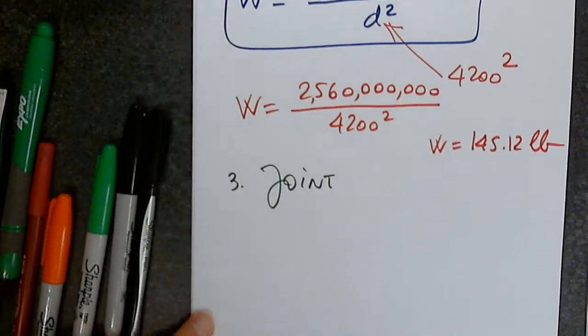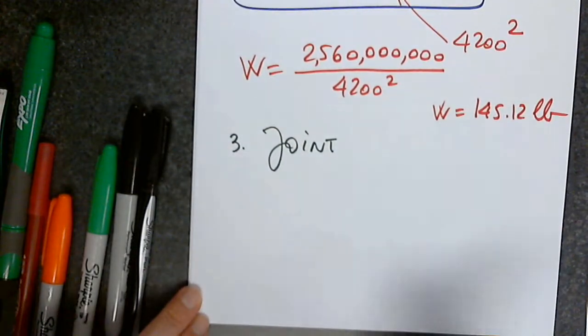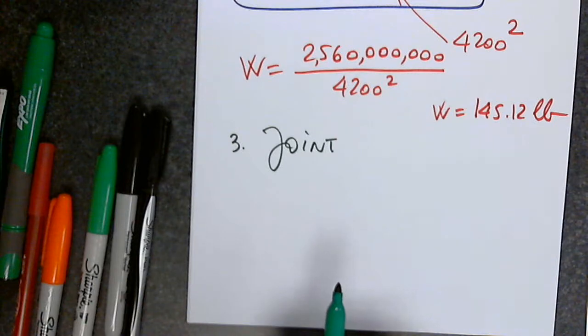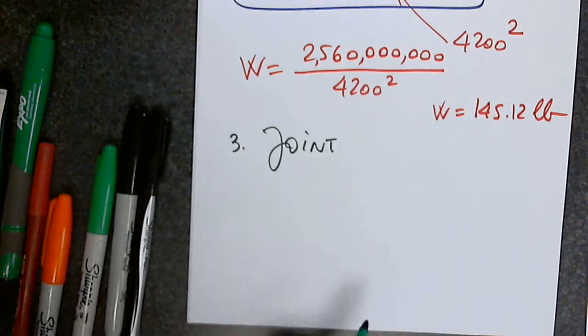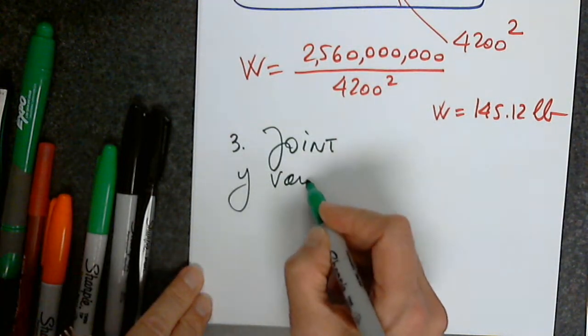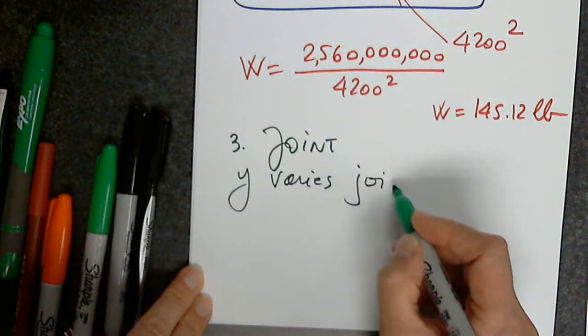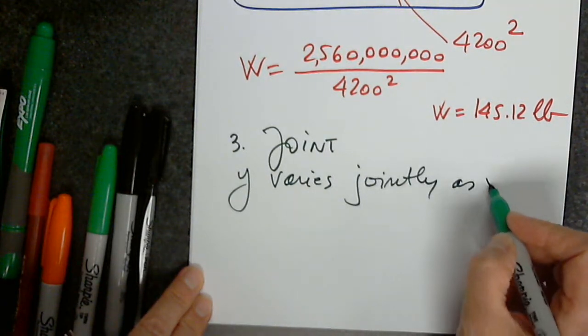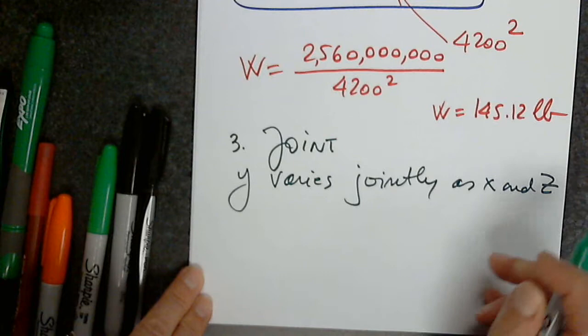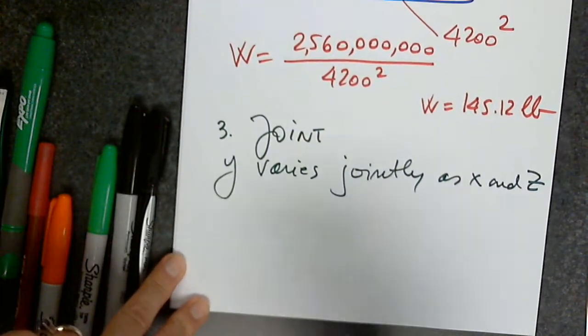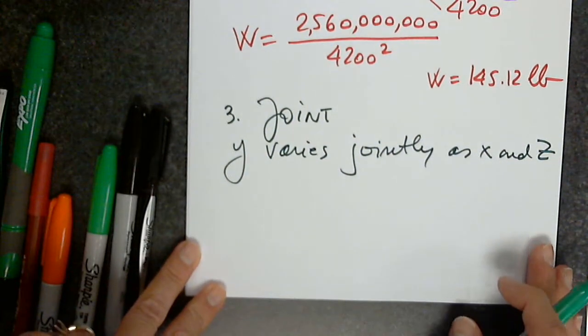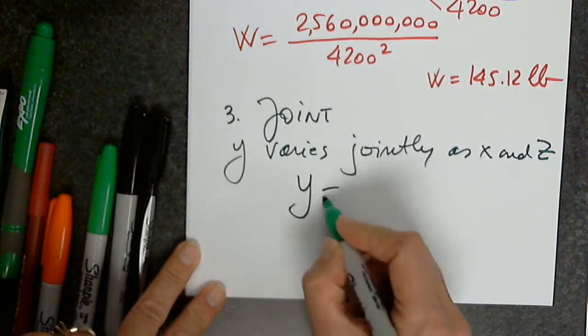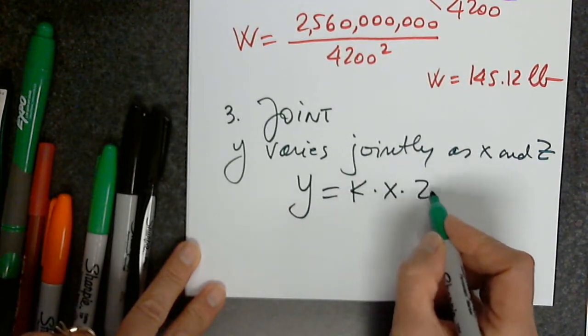Now, joint involves 3 variables. So I can read a sentence like this, or somebody can tell me this: y varies jointly as x and z. If I'm told or I read something like this, in mathematical terms I would write y equals k times x times z.